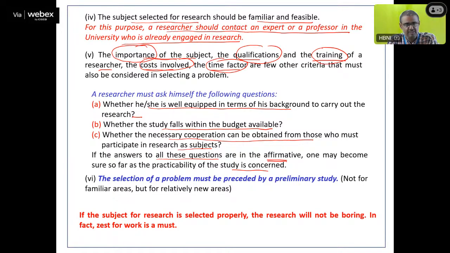And another thing which may or may not be true, it's important for new sort of research, that is the selection of a problem must be preceded by a preliminary study. Not for familiar areas, but for relatively new areas. So if you remember this point, whether he is well equipped in terms of background to carry out a research, okay. So I told you, I have seen some people who have excelled in some different topics. They have excelled because they did some preliminary study before starting the PhD. Okay.